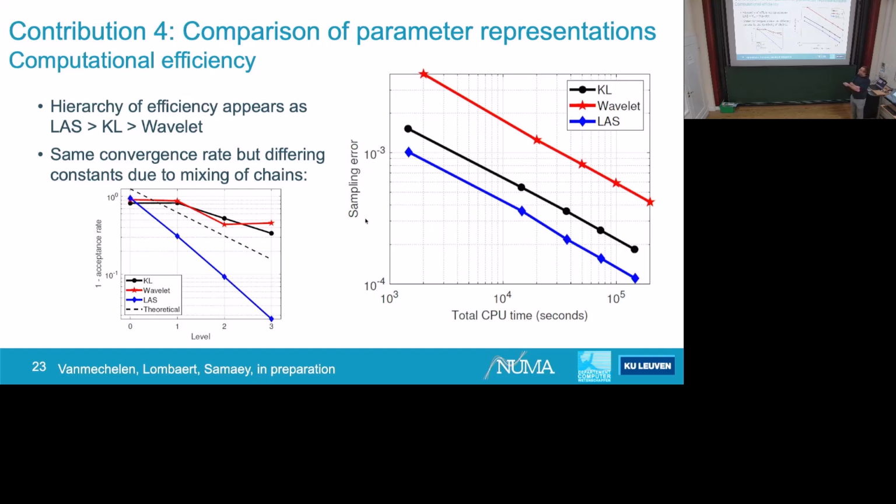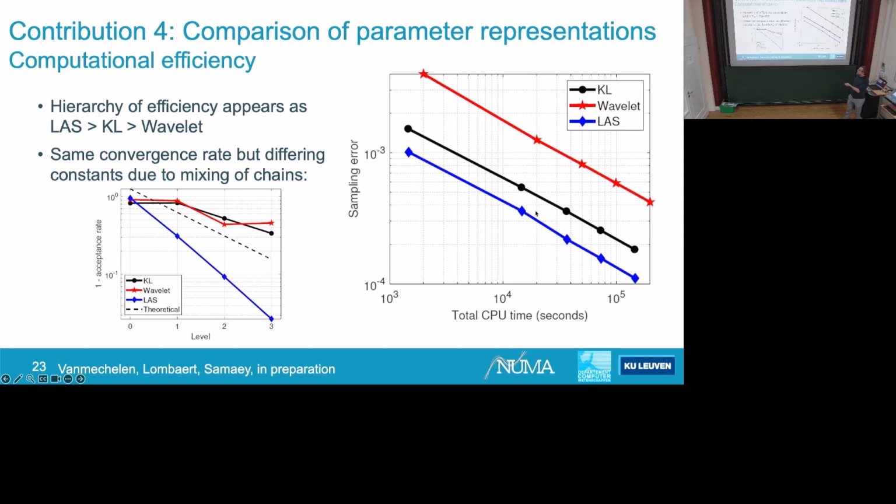Because you would expect that because local average subdivision has a very high dimensional representation of the same parameter, it will be more costly, but it isn't. We see the same convergence rates as a function of error for the three methods. This is just the standard Markov chain Monte Carlo rates, but we see a lower constant for local average subdivision.